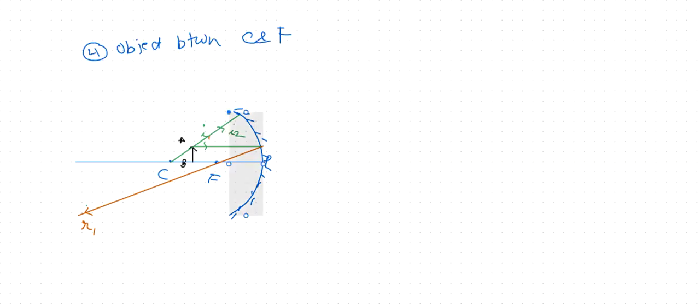So what I'm going to do is start from the mirror, take it through here and extend it till it intersects with the other one. And I name this as R2. Because this is my second reflected ray. Now, where is the intersection of the reflected rays? Over here.